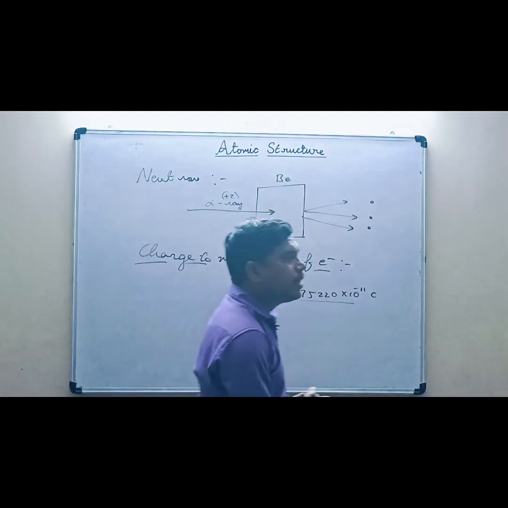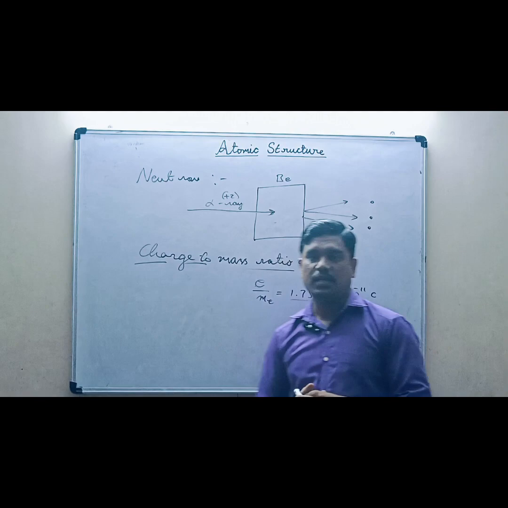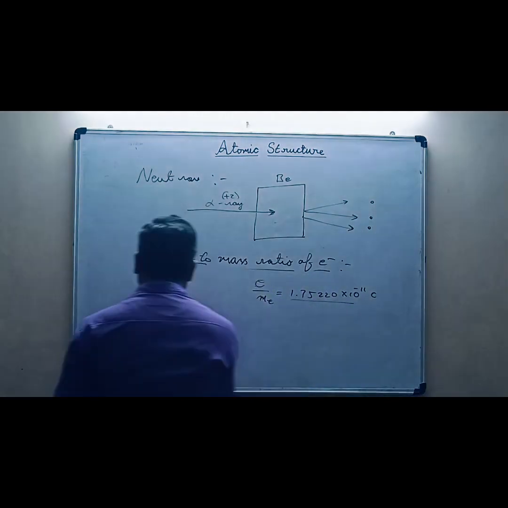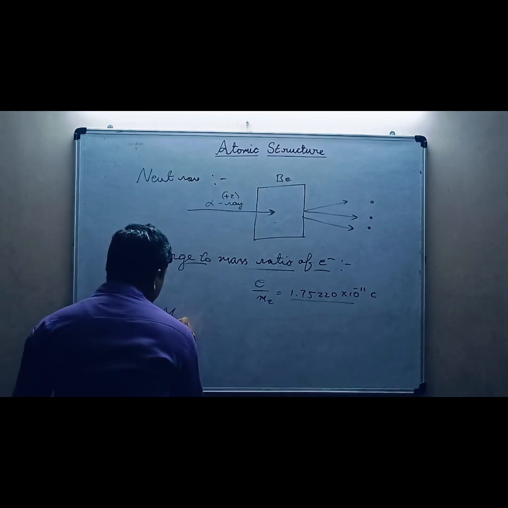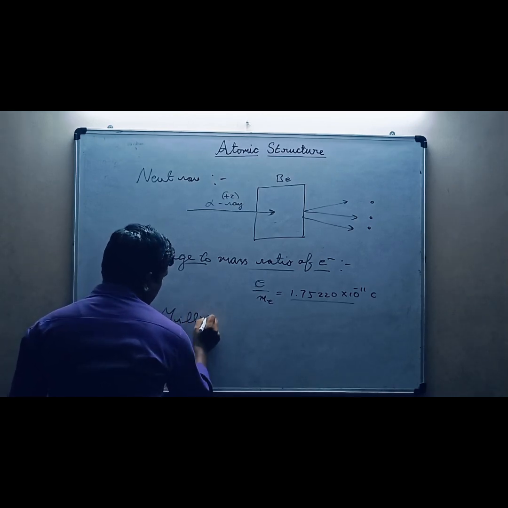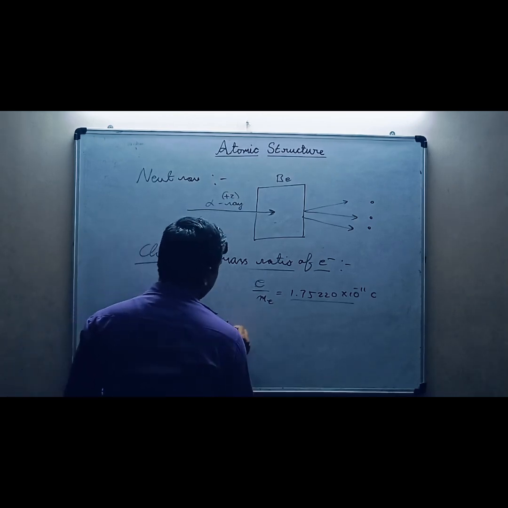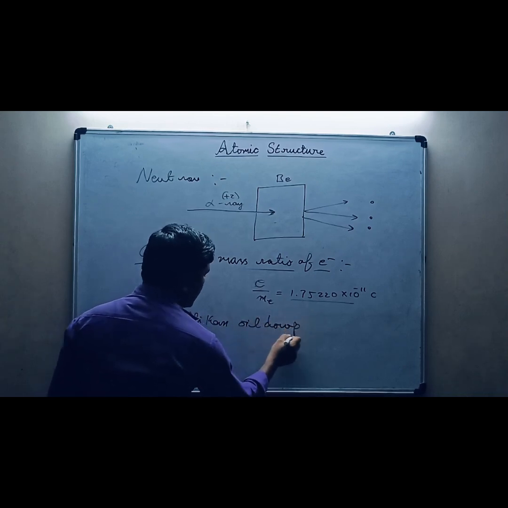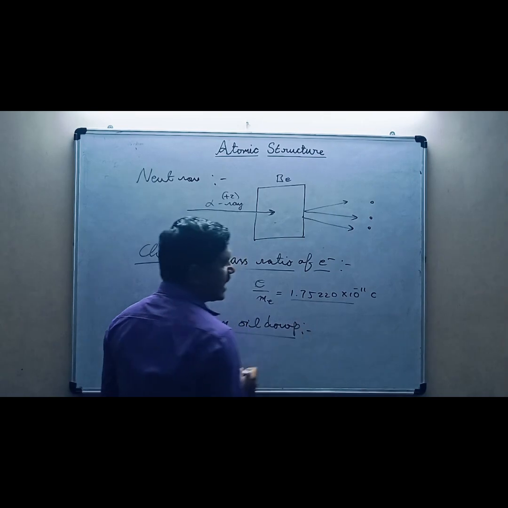And later on, based on an activity done by Millikan, they could find the charge of the electron. So what is the activity? The Millikan oil drop activity. So what is this activity?